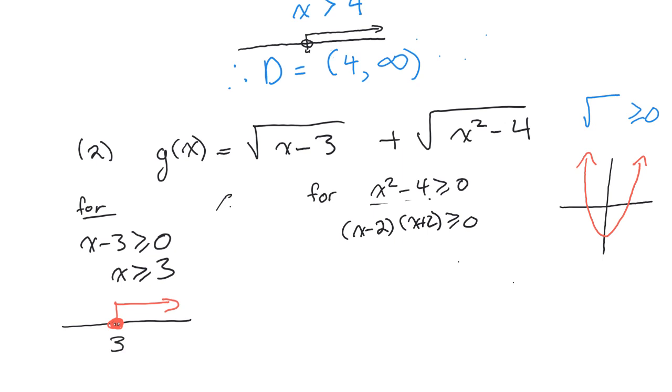It's a parabola that's shifted down, right? Now, we are looking for all values where x makes the y value, where x squared minus 4, is greater than 0. So that's all of these points right here. That's what happens when y is greater than 0. And when does that happen?